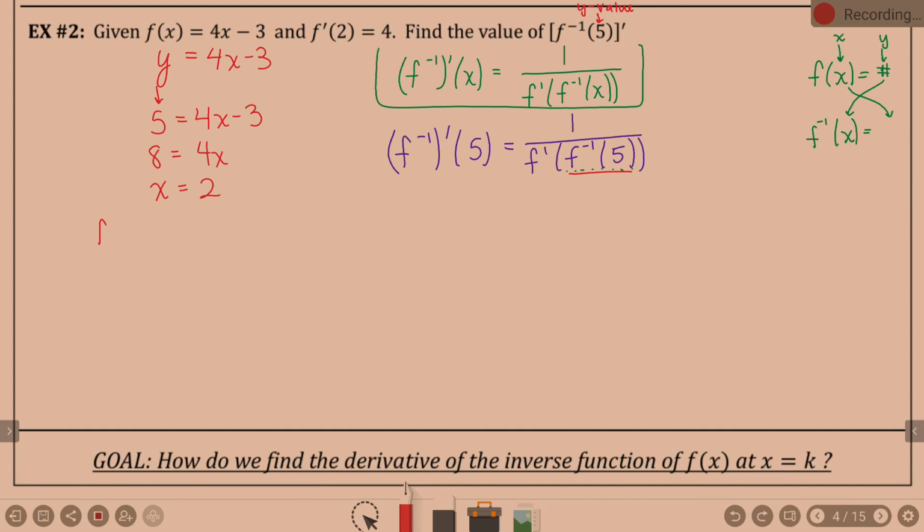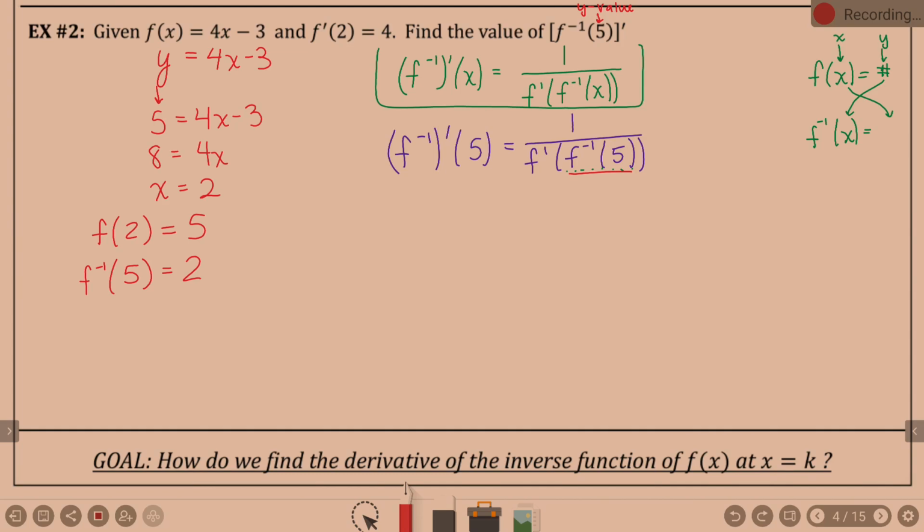When you plug 2 into this function, what do you get out? You get out 5. So if f of 2 equals 5, what does that mean? F inverse of 5 equals 2.